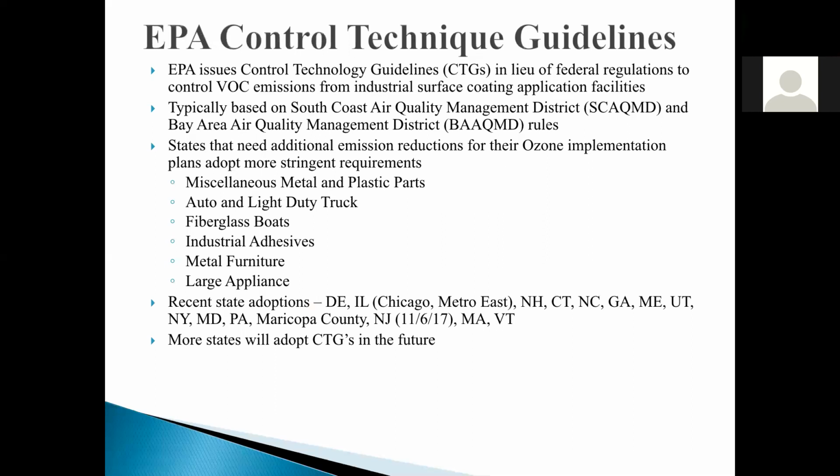So for the various substrates, there are these guidelines that states will use to adopt their standards. The second to last bullet, Delaware through Vermont, lists many of the states that have recently adopted more stringent industrial surface coating regulations.